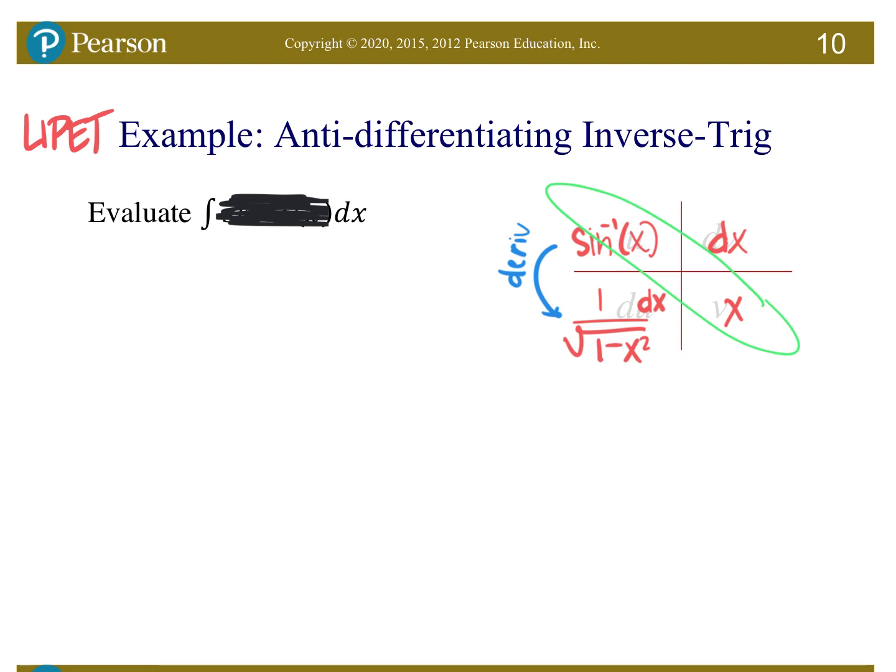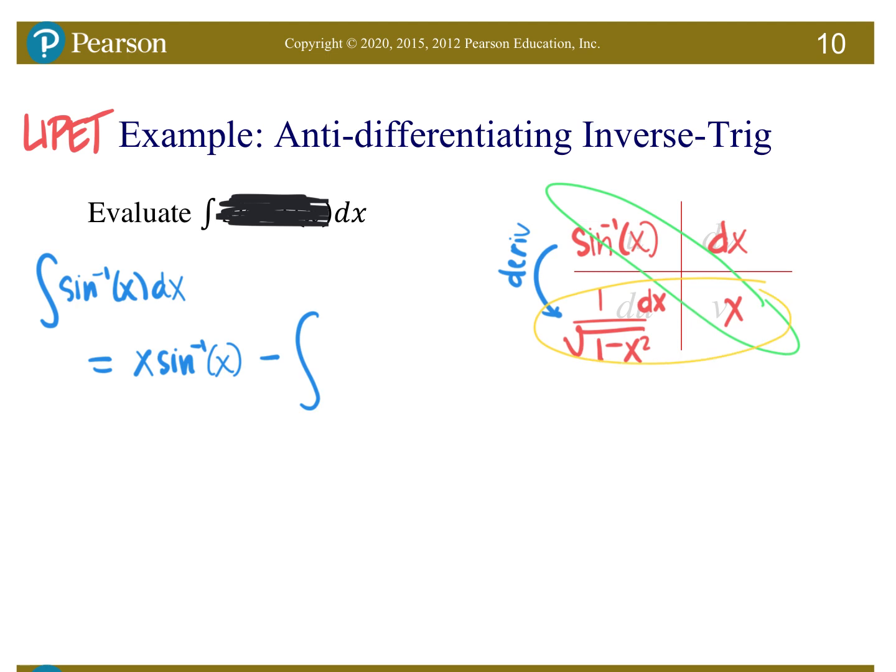Let's try this. So the problem started out as the integral of inverse sine of x dx, which must be equal to the combination diagonally of x sine inverse of x minus the integral of the combination horizontally of these two.